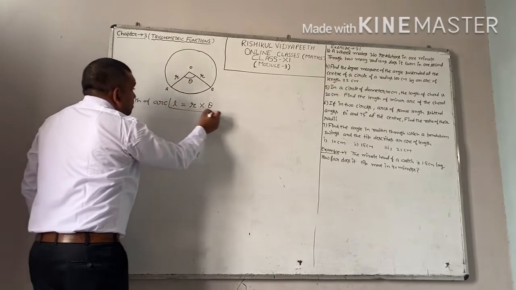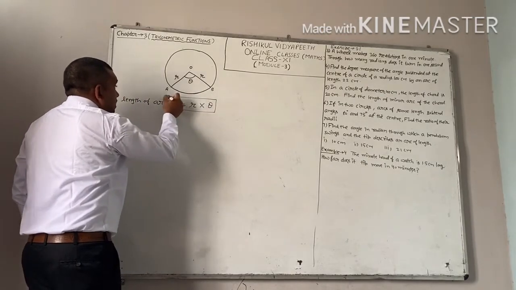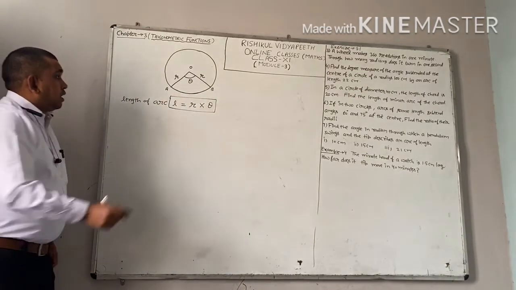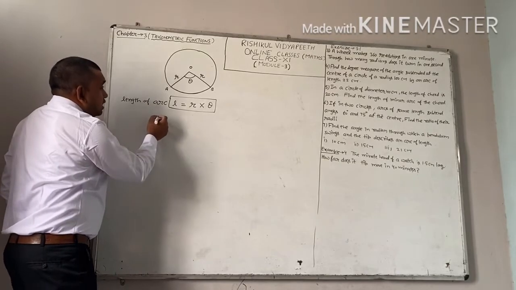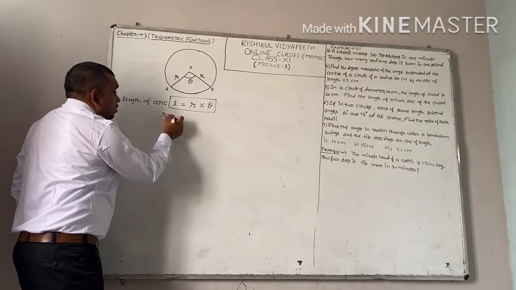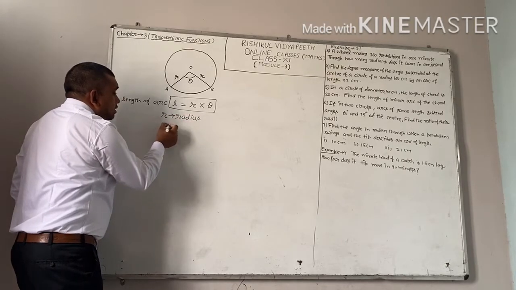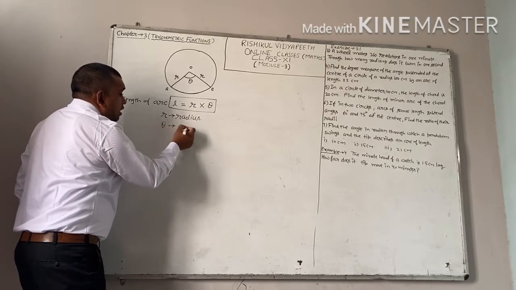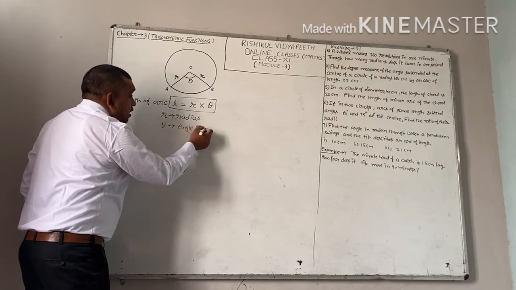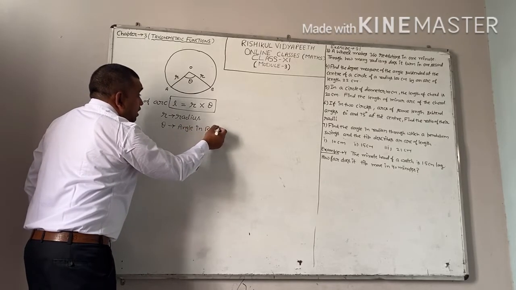You have learned this formula in your previous class also, that is your 10th class. But here we have only one change. R is radius, no doubt, but theta is the angle in radians, not in degrees.